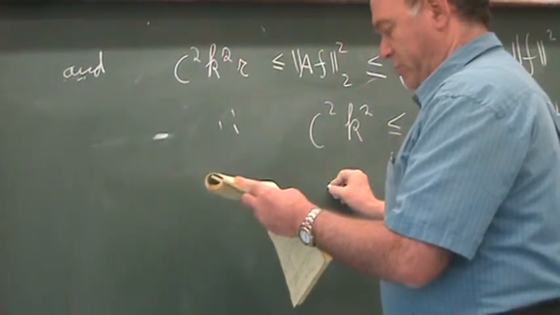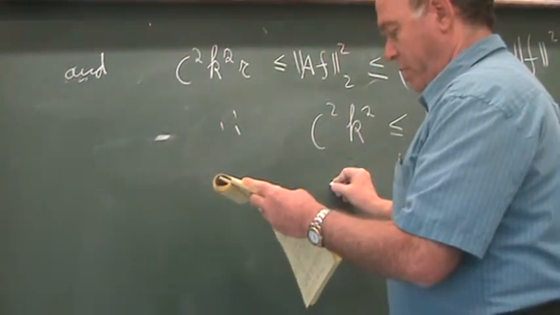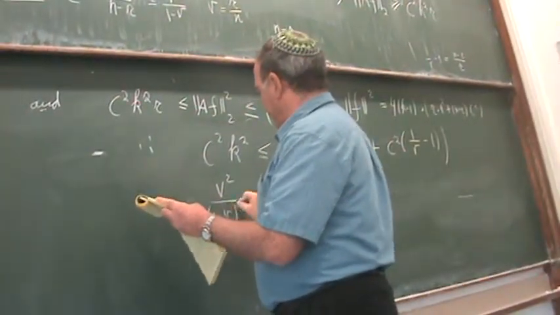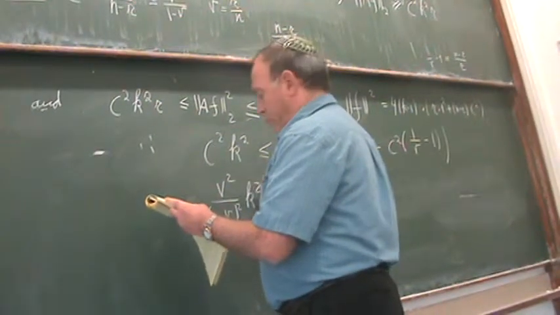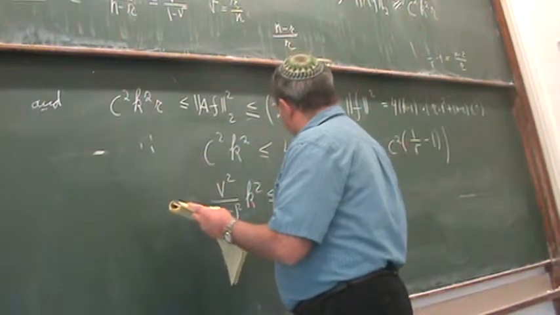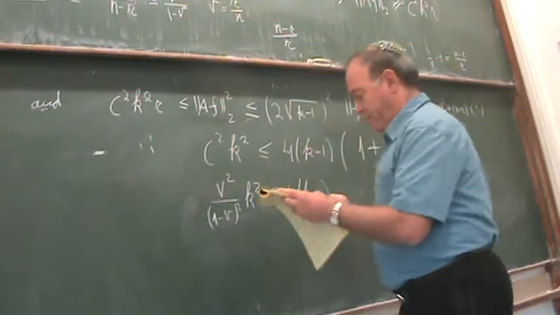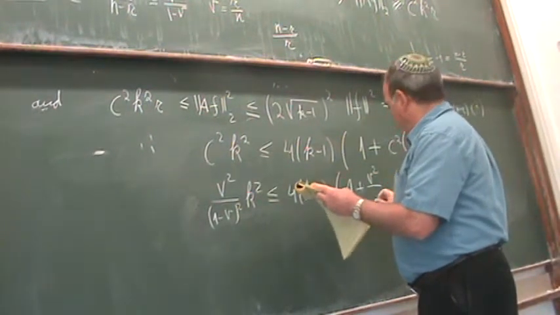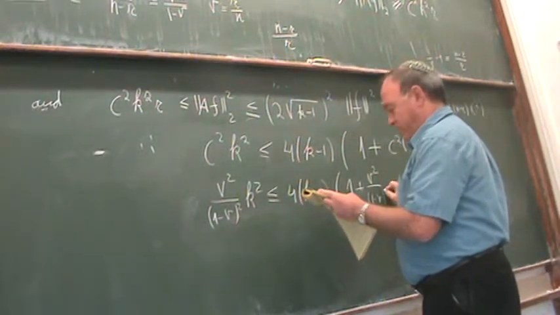Now the continuation is just kind of a little game: v squared divided by y minus v squared, k squared is at most 4k minus 1 times 1 minus v squared. I don't know, probably there is a better way to do it.